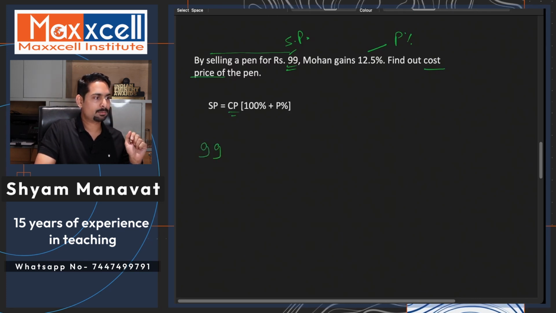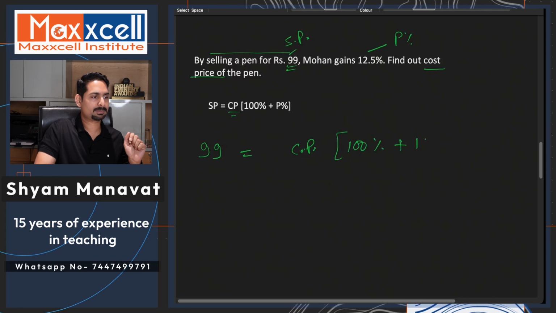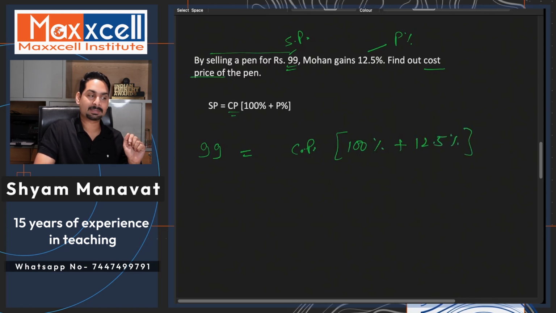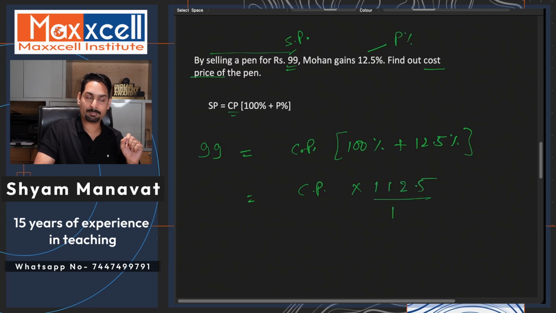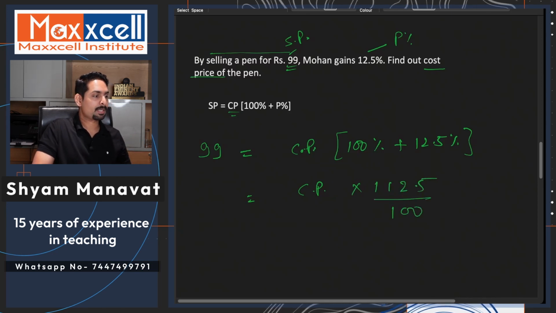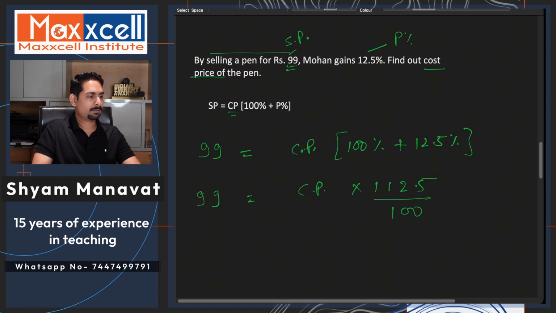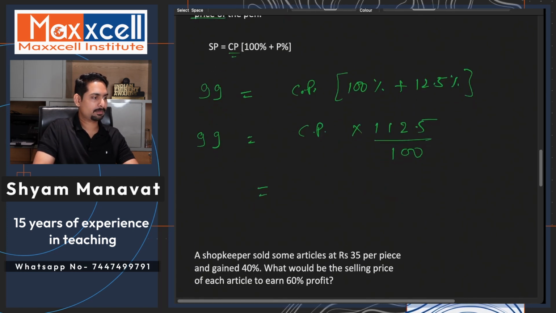99 equal to cost price. We need to find out. Okay, 100% plus profit percent. Yes, profit is calculated on cost price. Okay, so here you have cost price into 112.5 by 100. If you remove the percentage sign, this is 99. Now you can take the values to the other side.